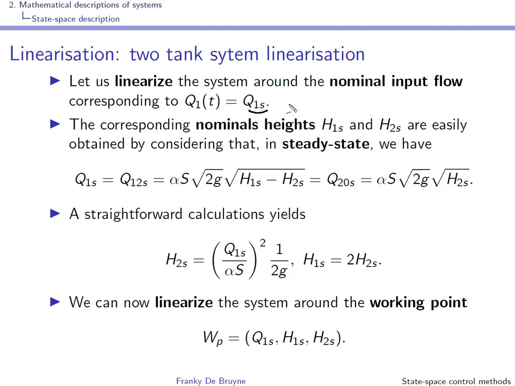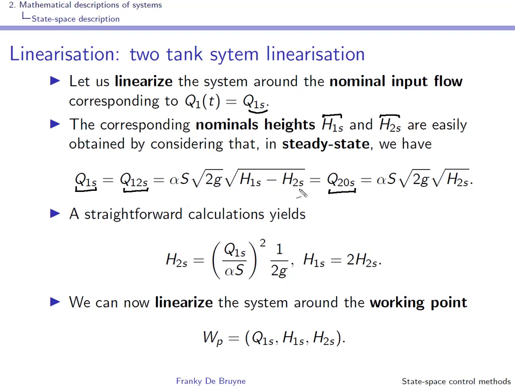So there will be a corresponding steady state, a corresponding nominal height H1, which we'll call H1S, and a nominal height H2, which we'll call H2S. These can be computed quite easily because in steady state, of course, what comes in, Q1S, must correspond to what comes out, discharge flow, and must correspond also to what is flowing in between the two tanks.